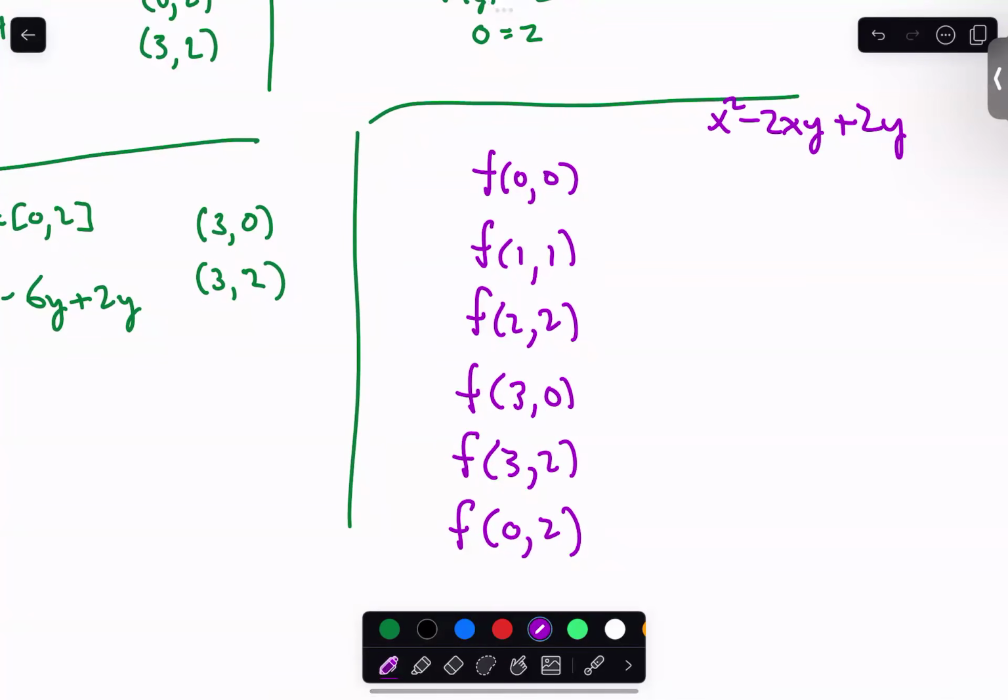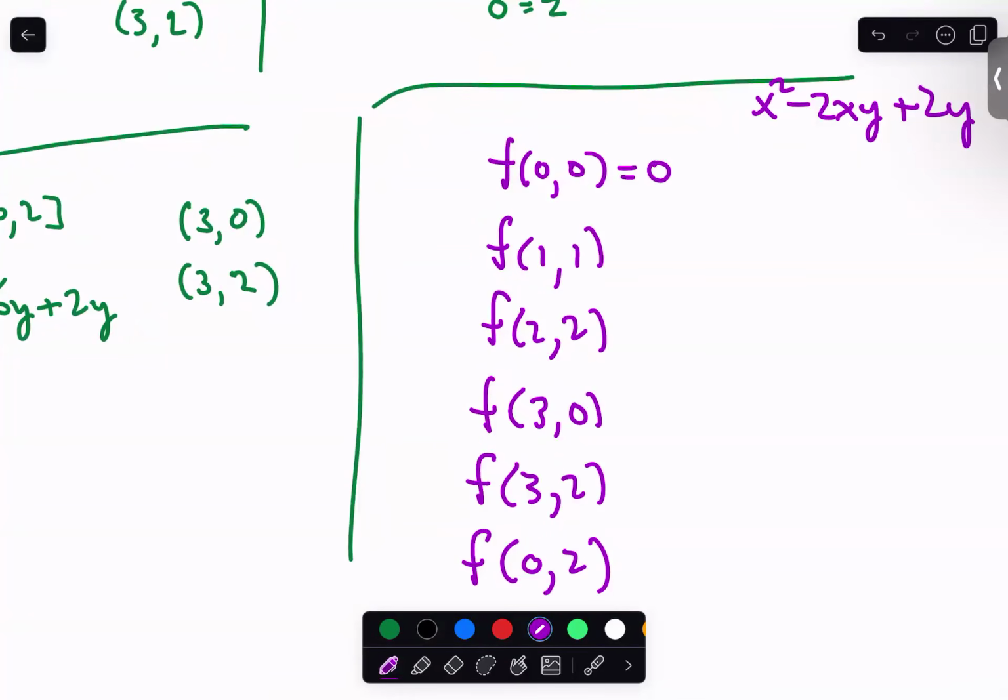So when I plug in both x and y being 0, we get 0 here. If I plug in they're both 1, I'm going to get 1 minus 2 plus 2. So that gives us 1. If I plug in when they're both 2, we're going to get 4 minus 8 plus 4. That's 0. When I plug in 3 for x, 0 for y, that's going to give me 9.